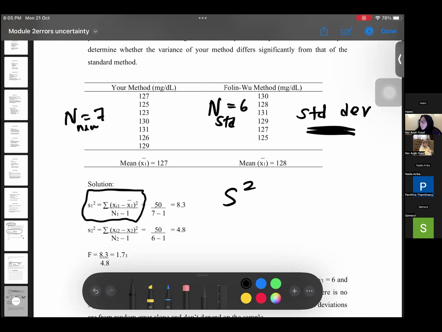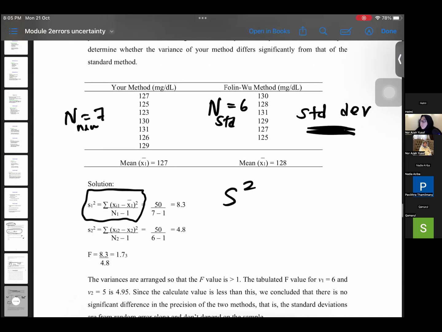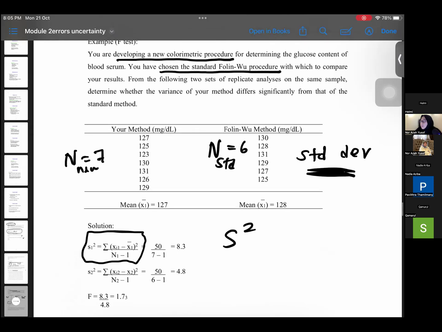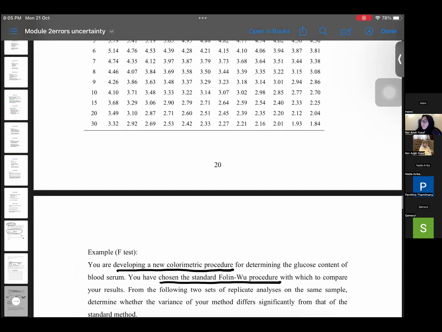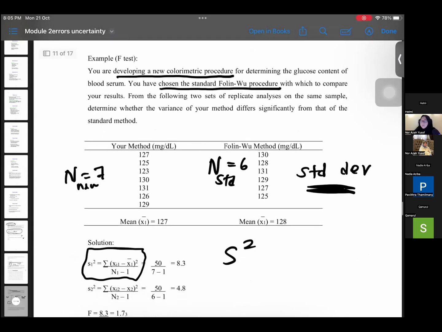All right. Now, to assign which S is at the top and which S is at the bottom when calculating F, you must remember that F has to be bigger than 1. So it's not always the developed method on top and the standard method at the bottom. We have to look at the values.